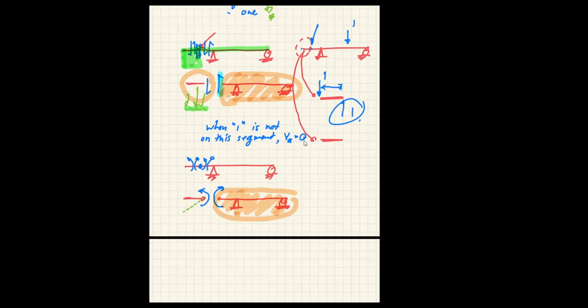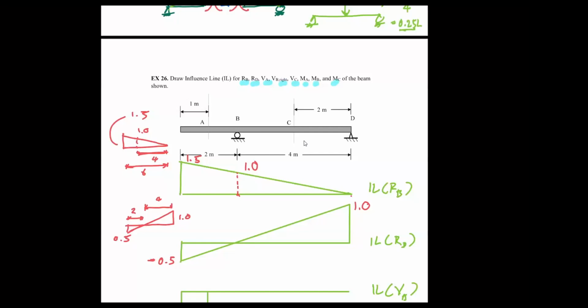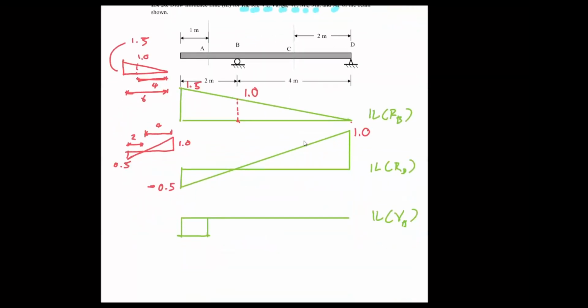So that means the shape of the influence line of the moment at A will look just like this.